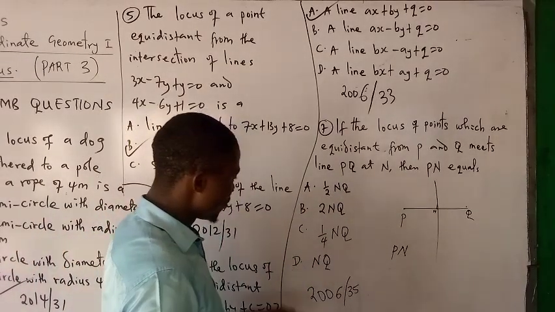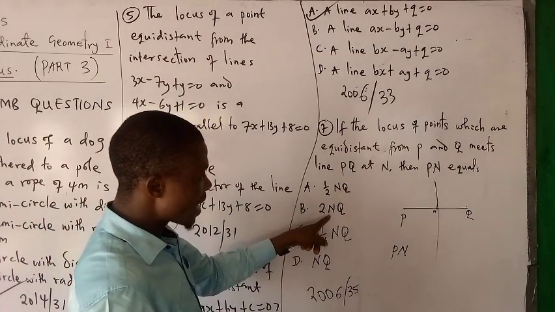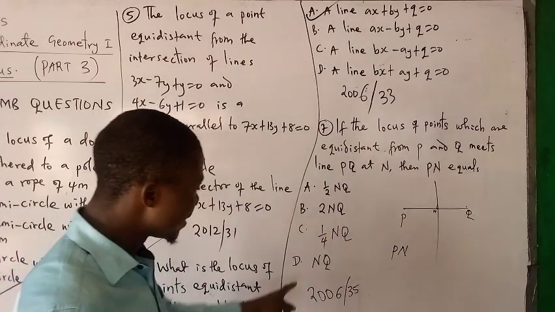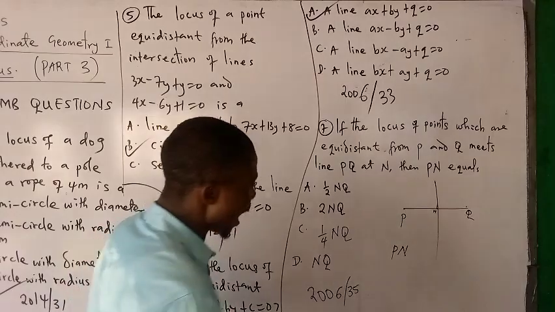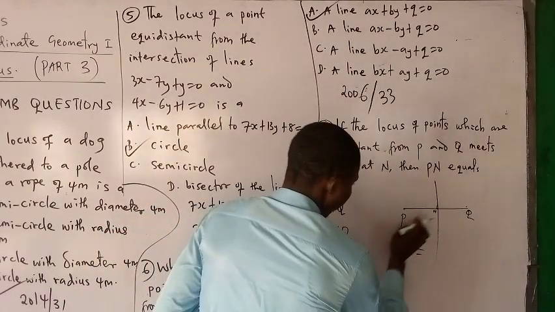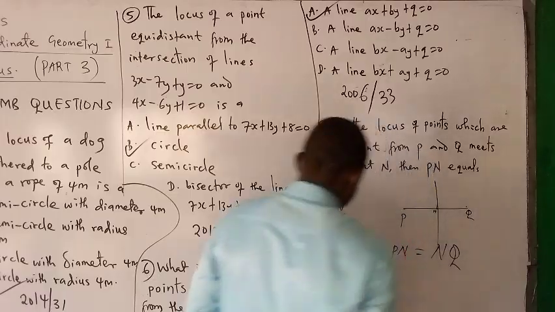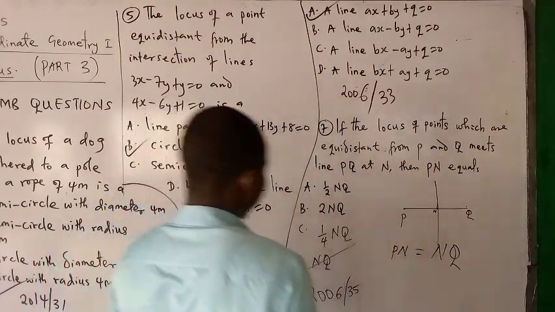It can be half of NQ. B, 2 times NQ, is not. C, 1/4 of NQ, is not. D, NQ, which I have told you PN must equal. NQ, which is option D. Next question.